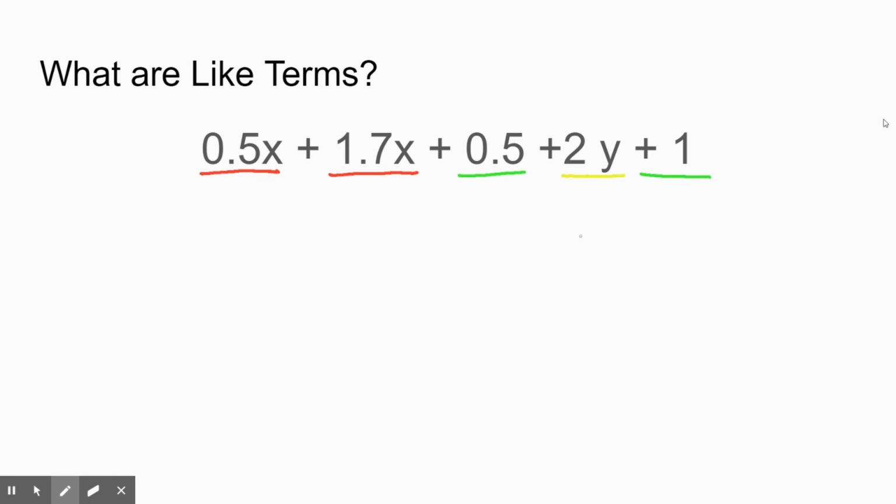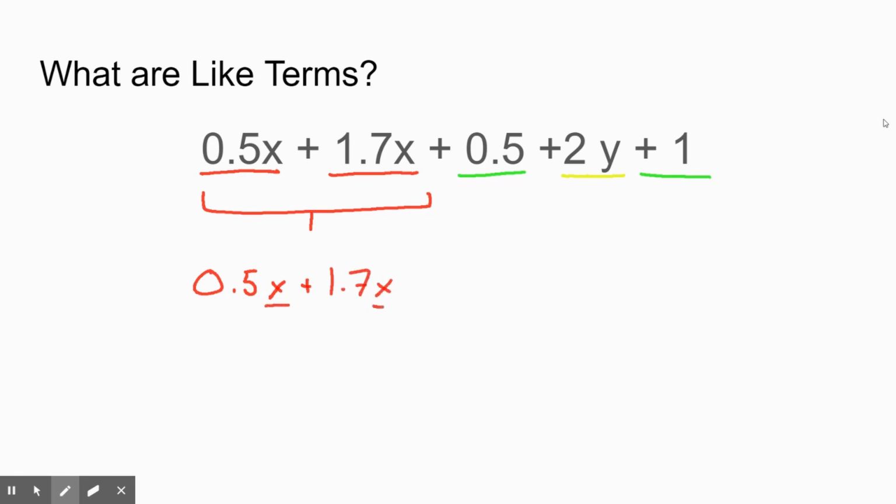In terms of combining like terms, we are either going to add or subtract the like terms. So for example, since these are both like terms, we can add these together. So we have 0.5 times x plus 1.7 times x.